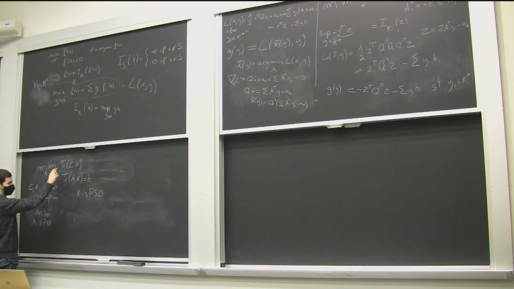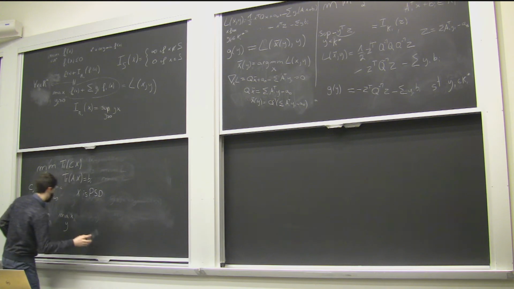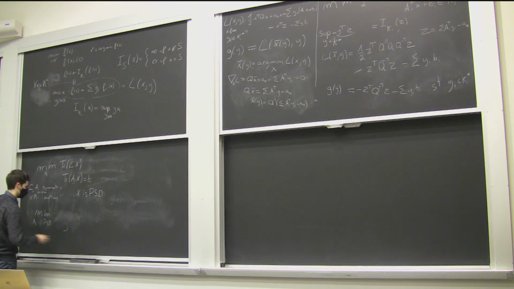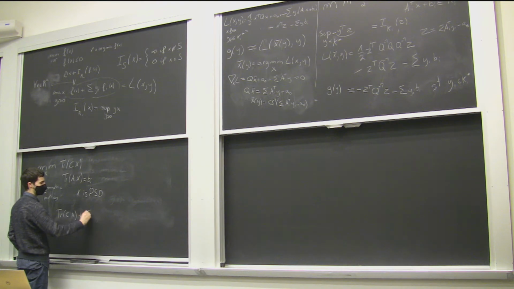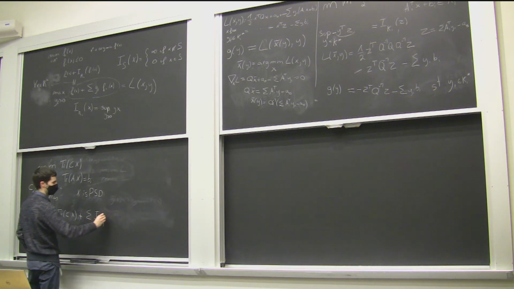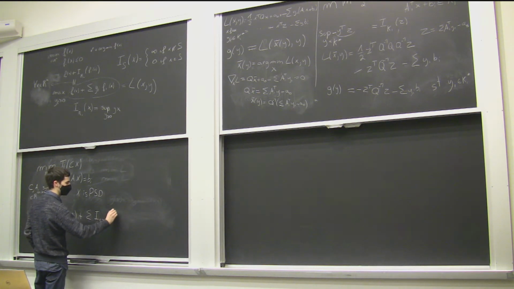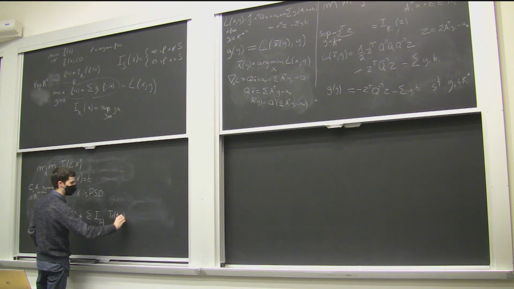So here you want to solve trace of CX plus the sum of the indicator of 0 of trace of AIX minus BI.